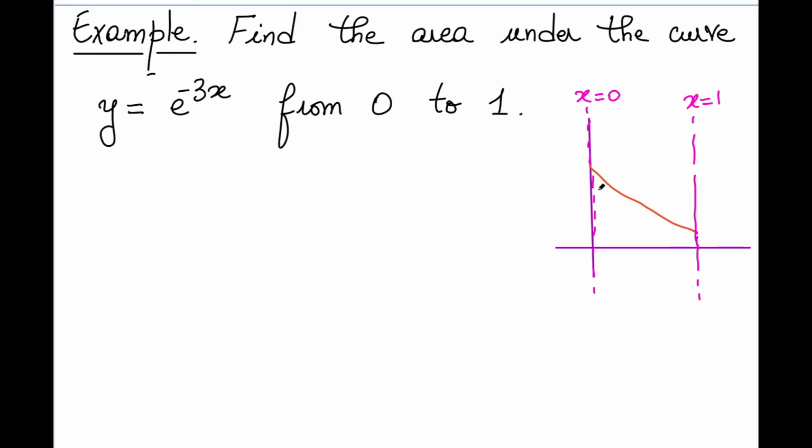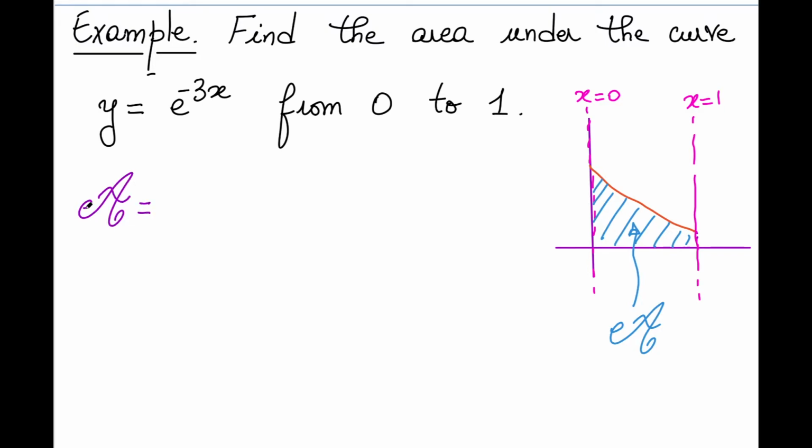And what do they want? They want the area under the curve. So what they want is actually this area here. That's the area. Let's give it a name, calligraphic A. So we want to find calligraphic A.